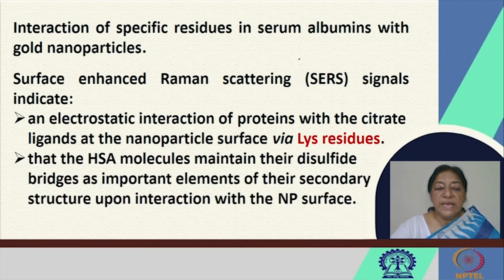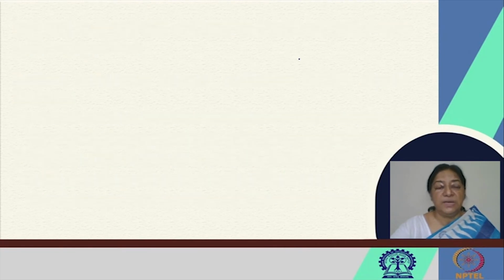Also, the HSA molecules maintain their disulfide bridges as important elements of their secondary structure upon interaction with the nanoparticle surface. So, the interaction that we can see may occur through a thiol, and may also occur through specific electrostatic interactions depending upon the size and the charge of the specific protein and the nanoparticle of interest.